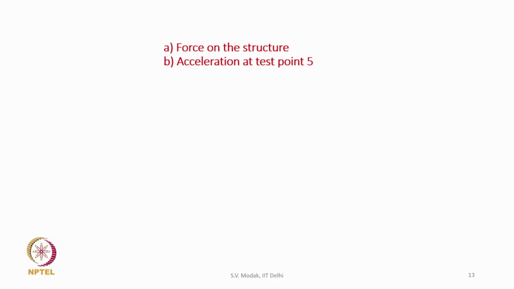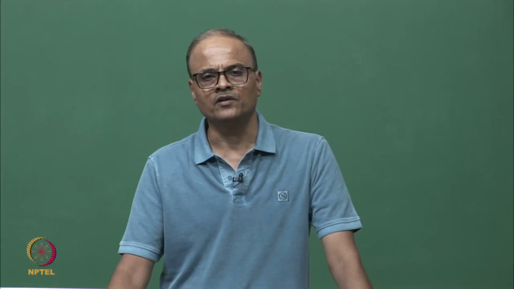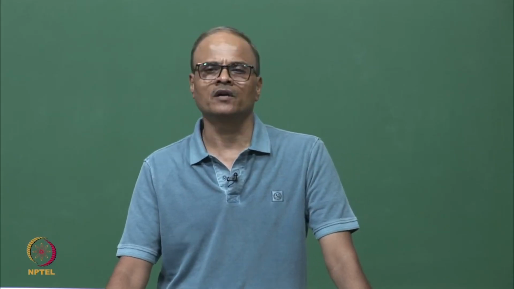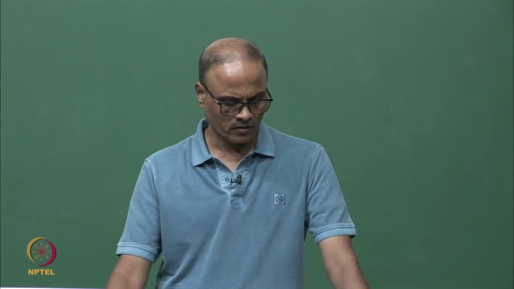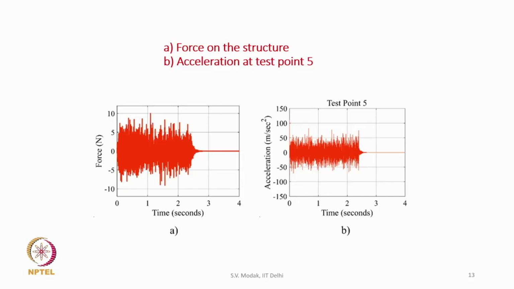Let us look at the force acting on the structure and the resulting excitation when a burst random excitation signal is used. On the left hand side we see the force versus time history. The force is non-zero over a certain portion of the record length and then it becomes 0.